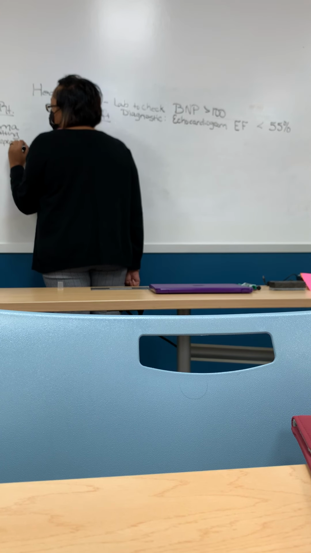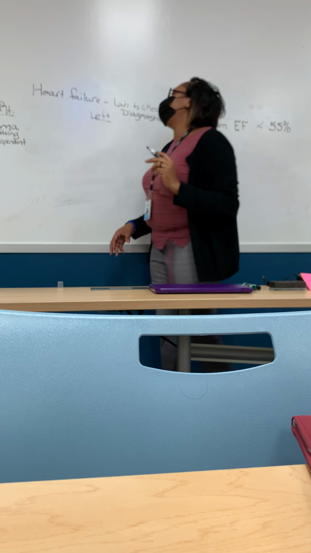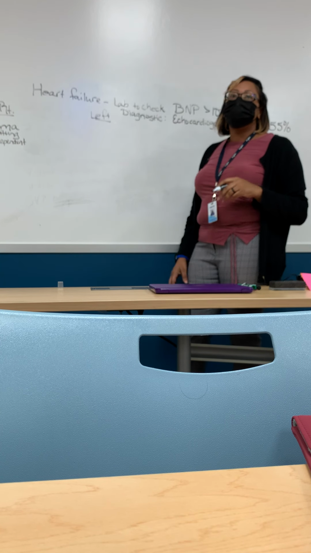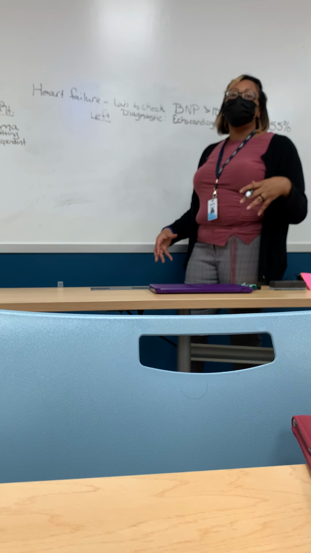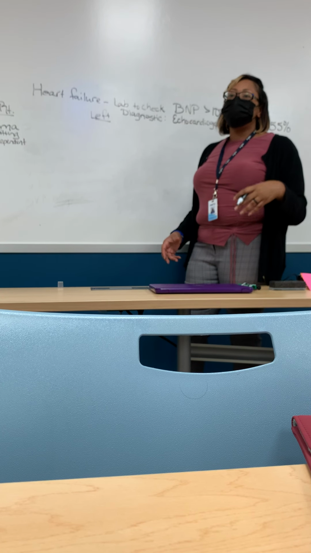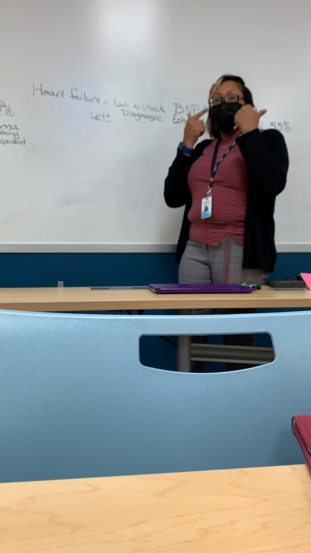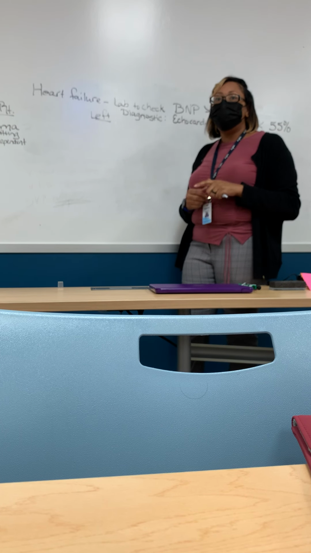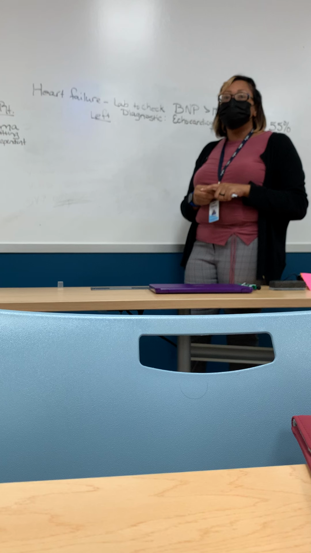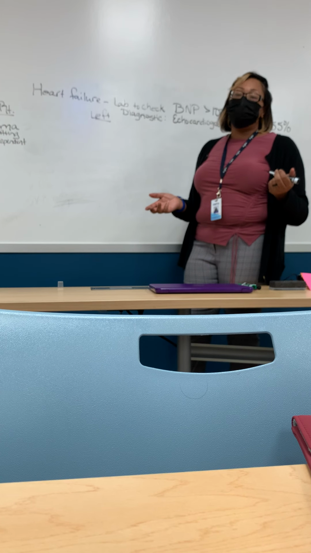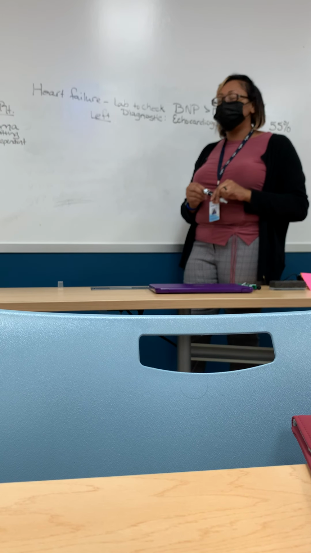If it's dependent, that means you've got fluid pooling in places that it should not be. So for your males, the scrotum and the tip of the penis. For your females, it's typically in the labia. You can also get it around the eyes. So dependent means it's just pooling somewhere it shouldn't be.